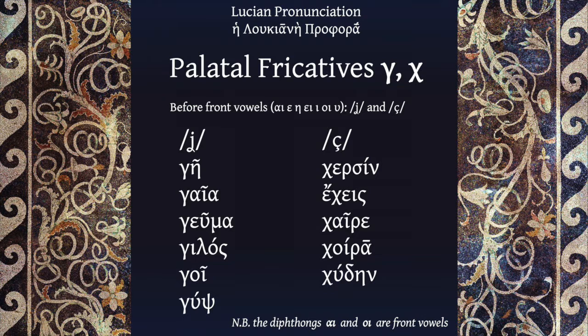For example, ye, yaya, yauma, yilos, yei, yups, hieresin, echis, hyaire, hyoira, hyudan. Thus, gamma is either g or y, and hi is either ch or hy.